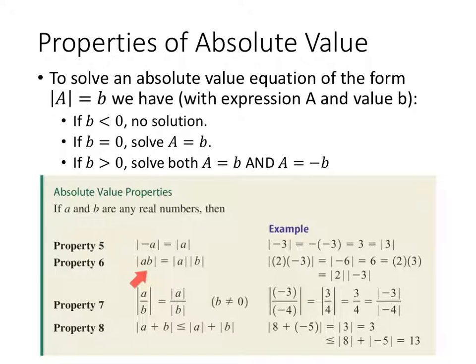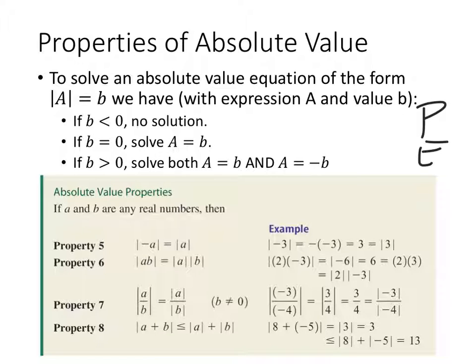The absolute value of a product is equal to the product of the absolute values. The absolute value of a quotient is equal to the quotient of the absolute values, as long as I'm not dividing by 0. And this one's important, right? Because multiply and divide, things are kind of good if you look at the order of operations. P, E, M, D, A, S. I'll even write them up here.